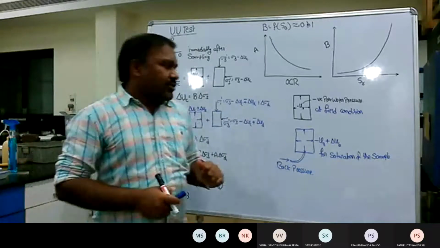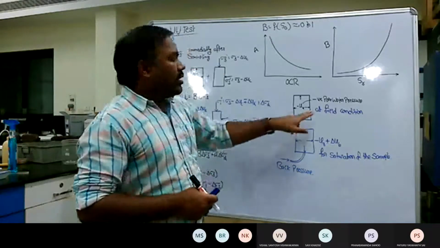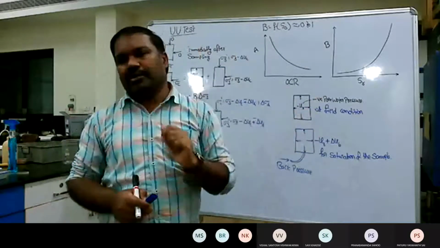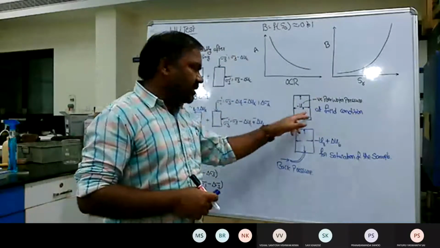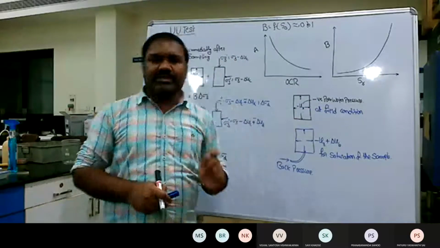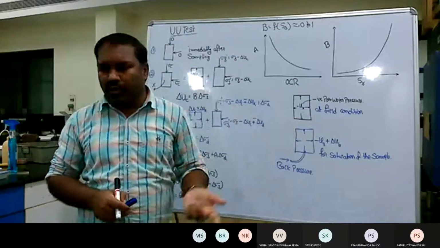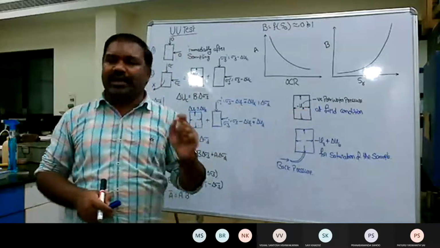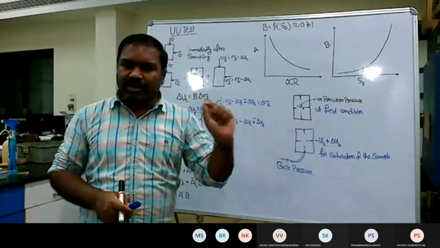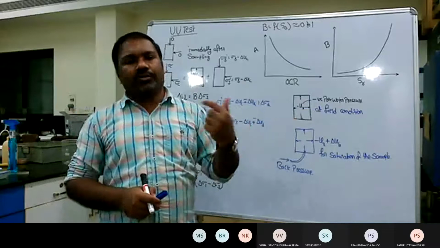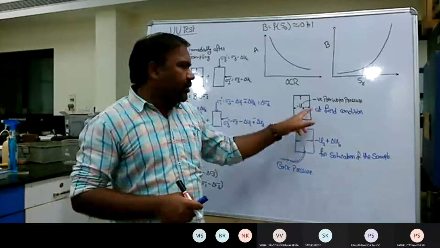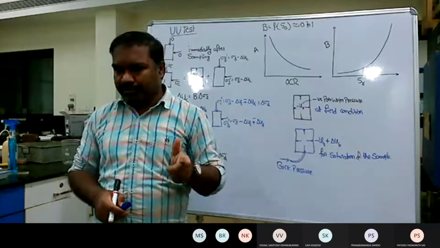Okay. So first of all, if you take the sample as it is from the field, as yesterday we were discussing, the sample retains its geometry as a result of the negative pore water pressure. So if you take out the soil sample directly from the ground, put it under the triaxial setup, and try to measure the existing pore water pressure, that is the negative pore water pressure, you will get some value.